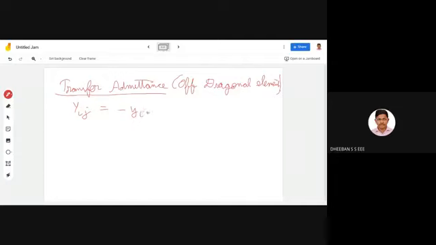So you have to add a minus with it. So your y12 will be equal to minus of y12, so you'll be getting minus 1.667 plus 5j. After that, y13 will be equal to minus y13, which is minus 5 plus 15j.